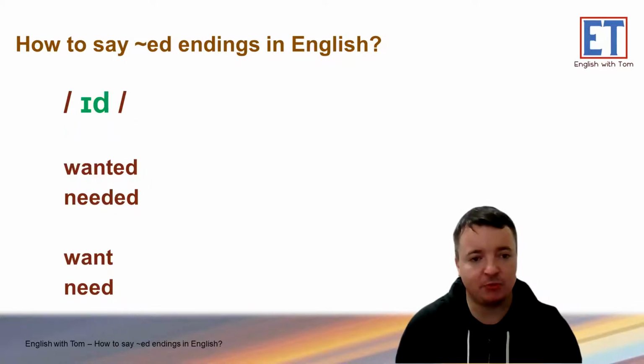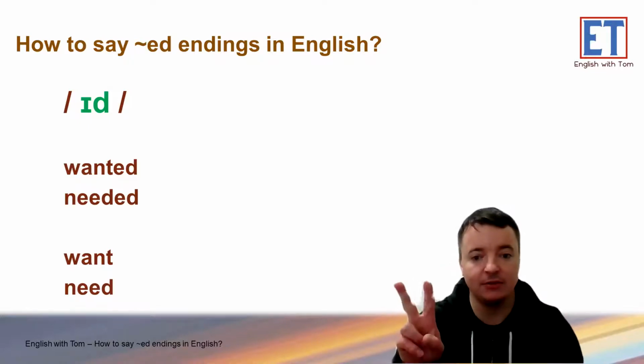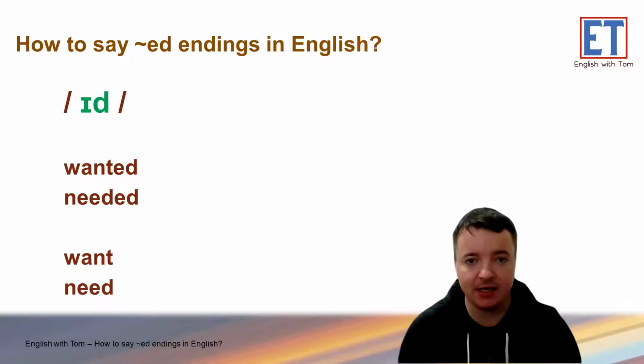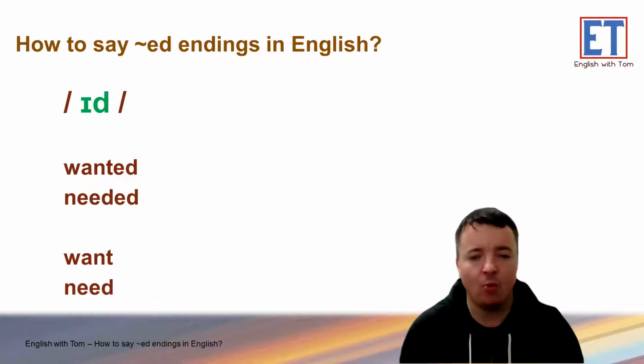Let's have a look at the first one, id. So this is actually ed with id adds a whole new syllable. For example, want, one syllable, wanted, two syllables, need, needed. So it's adding a whole extra syllable to the word. What is the last sound before the ed?